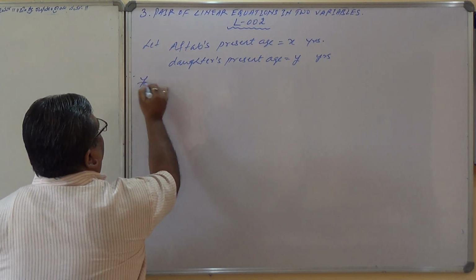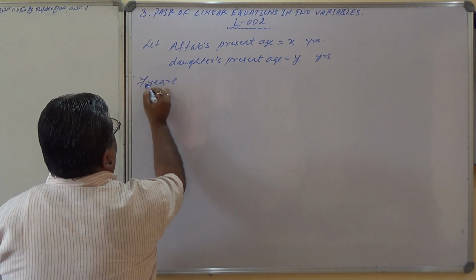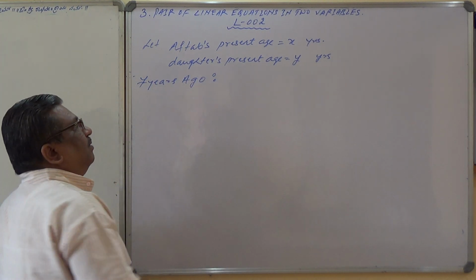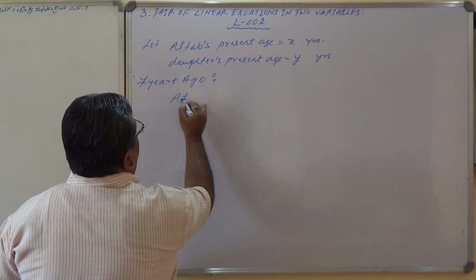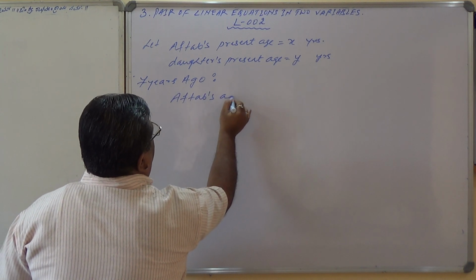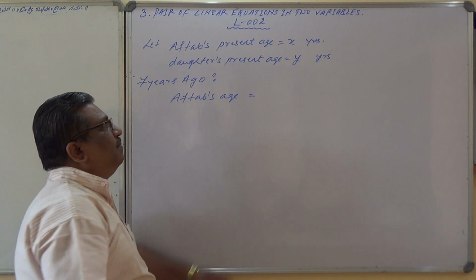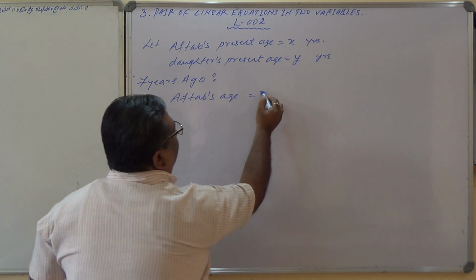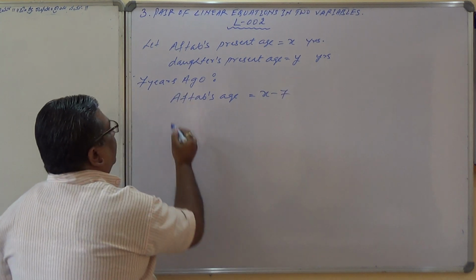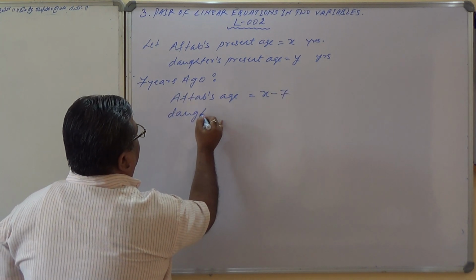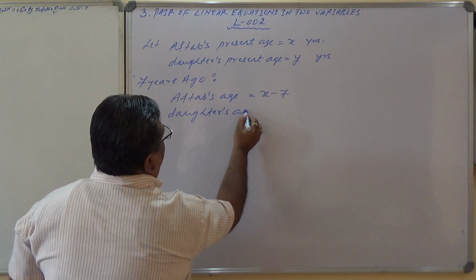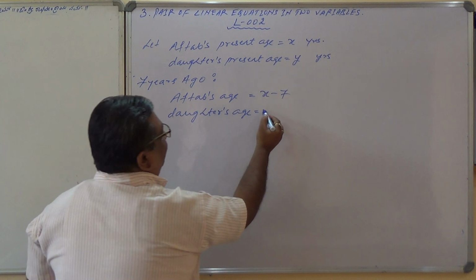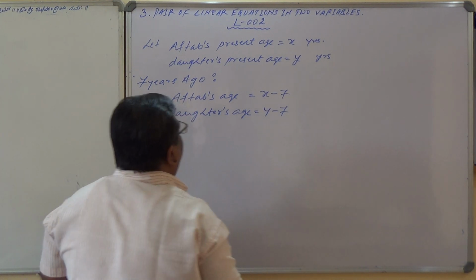7 years ago, Aftab's age equals present age minus 7, that is x minus 7. Daughter's age, present age y, 7 years ago is y minus 7.